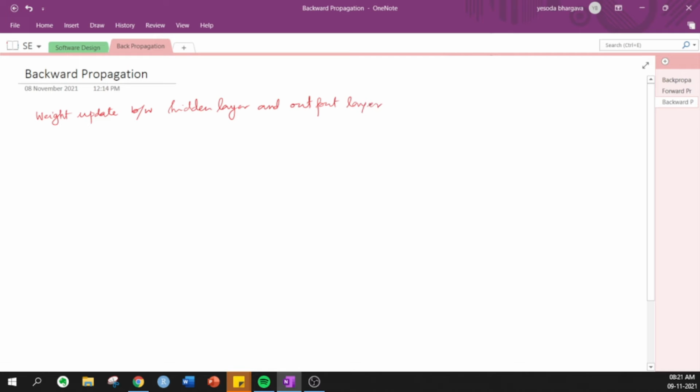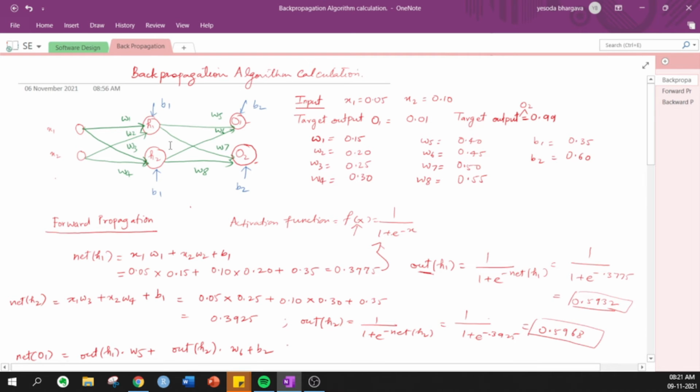If we look at the weights between hidden layer and output layer, we can see that there are 4 weights: W5, W6, W7, W8. I will show you how to update W5, and the same analogy can be taken for W6, W7, W8. So let us go forward with that.